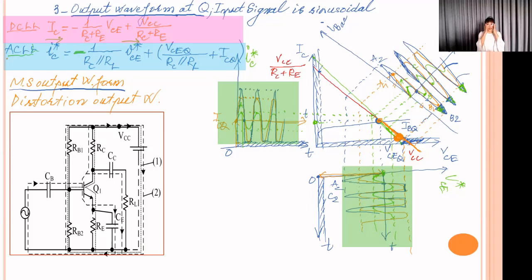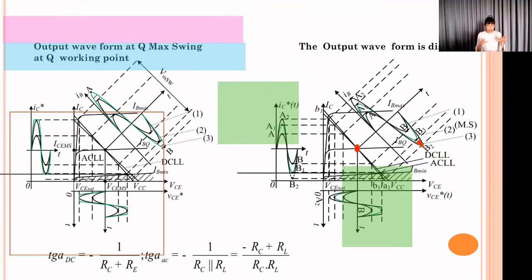And this is very, very easy for you. And we have two different output waveforms: the output waveform at Q max swing and the output waveform that is distorted.